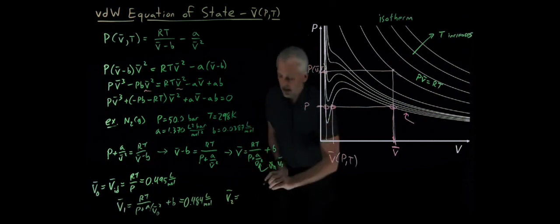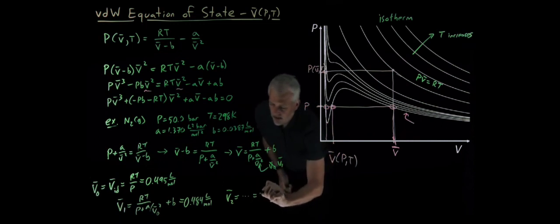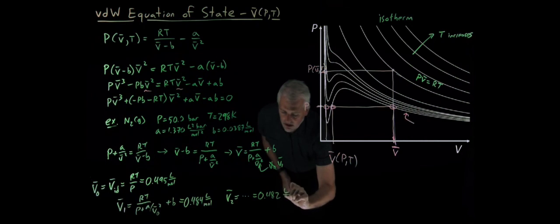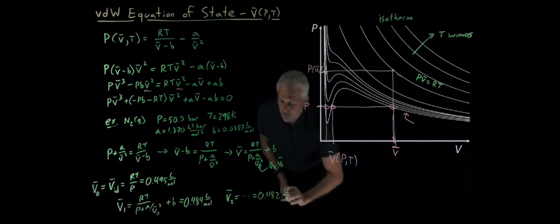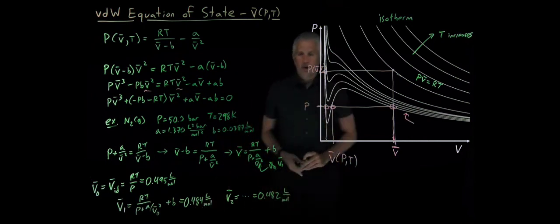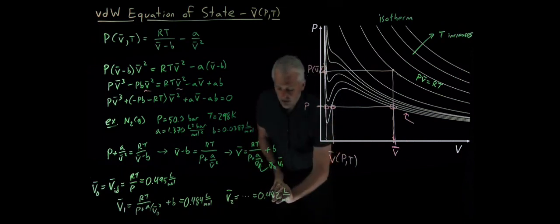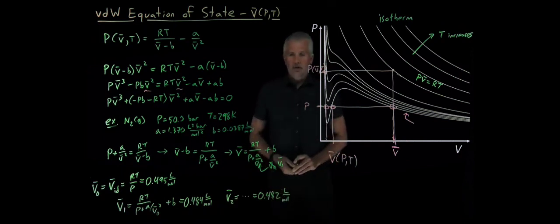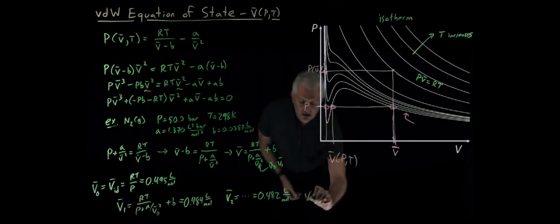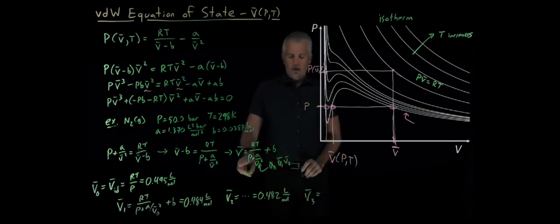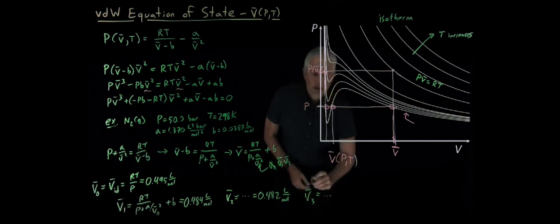And when I do some math, what I find is, if I start with a guess of 0.484, the new estimate I get is 0.482. So I'm getting closer and closer. You can probably guess the next step, which is go ahead and use V2 to evaluate a third one.